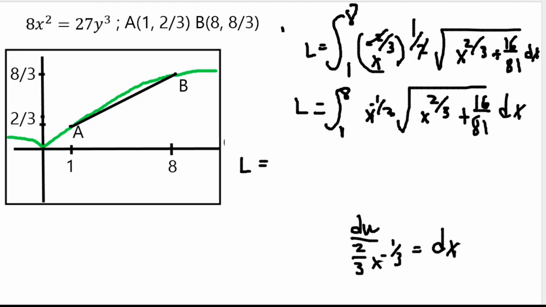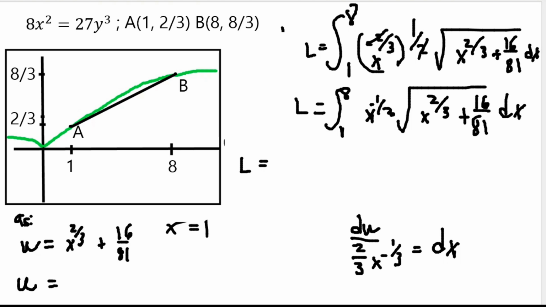Let's plug in x equals 1 and solve for u. So u is equal to, inside the radical sign, x raised to the 2/3 plus 16 over 81, and our x is just 1.